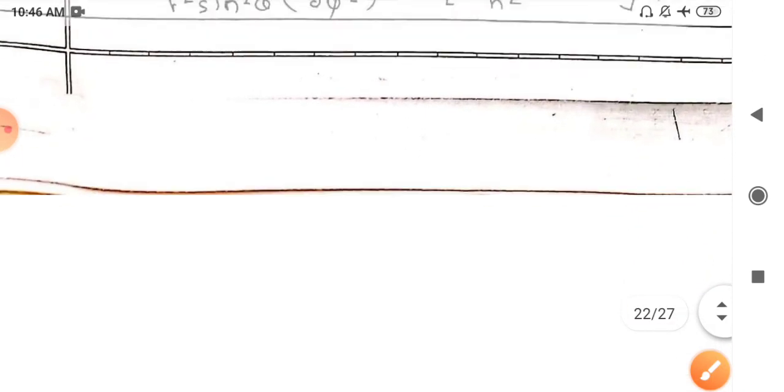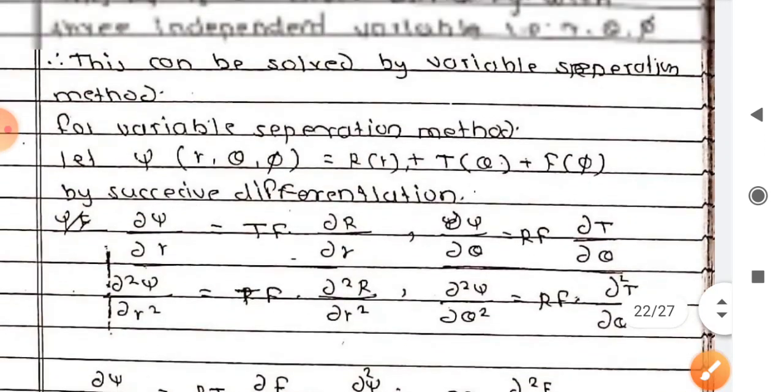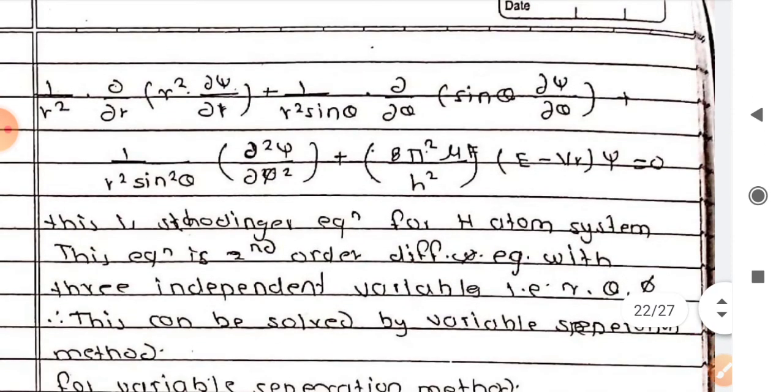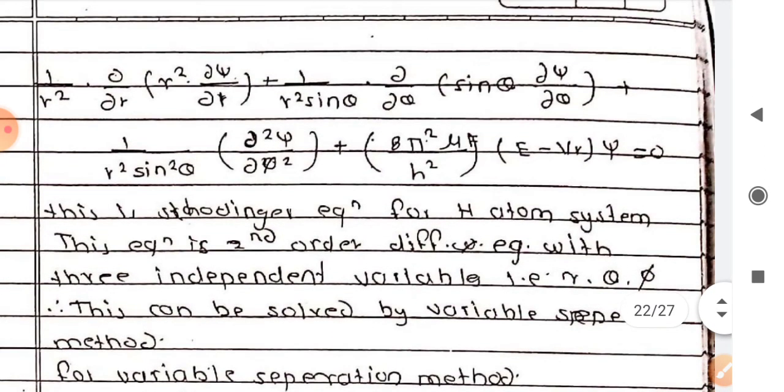So this is the Schrodinger wave equation for the hydrogen atom system.